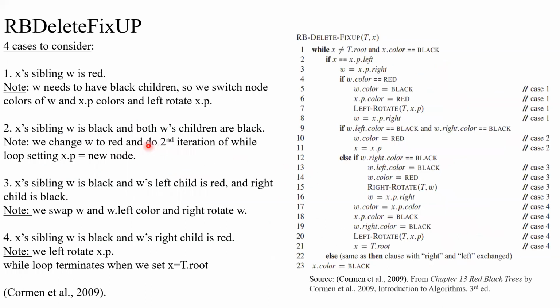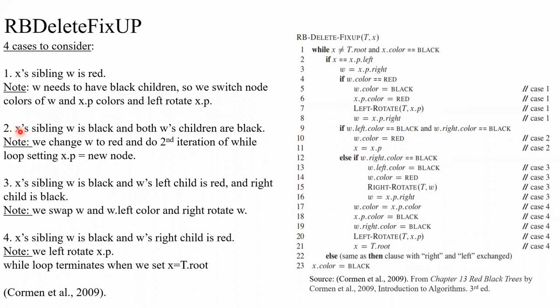RB delete fix up looks a little intimidating because we have 4 cases. The first case is that X's sibling W is red. So W needs to have black children. If it doesn't, then we have to switch the colors of W and X's parent, and then perform a left rotation on X's parent.